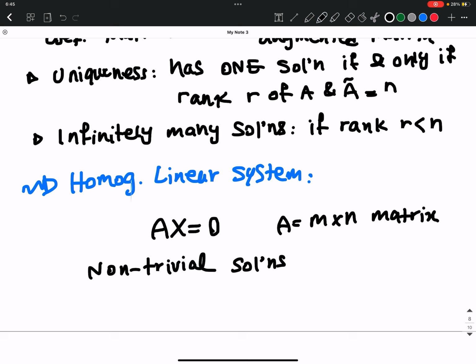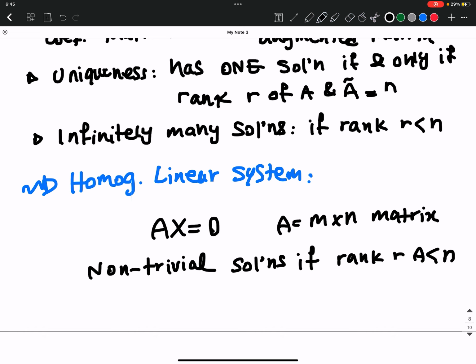X equals 0 is a trivial solution of this system. It has non-trivial solutions if the rank R of A is smaller than n.